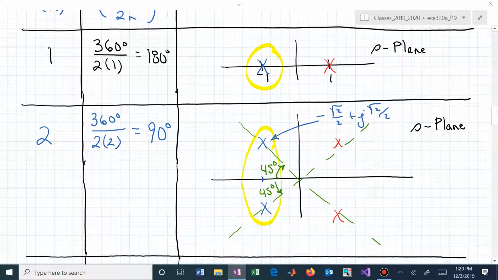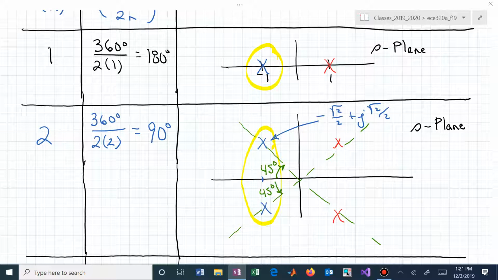And you could determine that simply by knowing, oh, I want a second order. That means I take 360 and divide it by 4. I know I have 90 degrees between all of my poles. I need to rotate those so that they're symmetric with respect to the origin, and I have 2 in the left and 2 in the right, and I neglect the ones in the right. Now I know what they look like or where they are located.